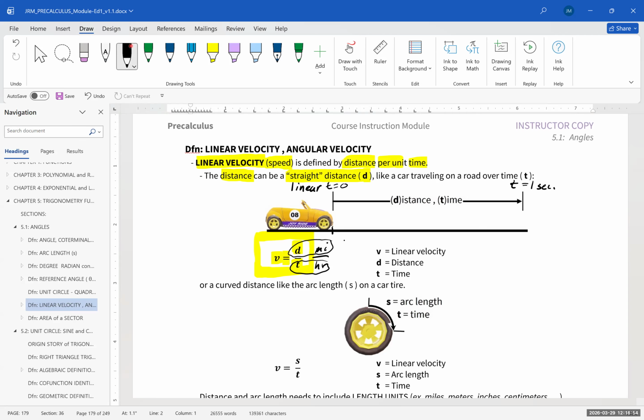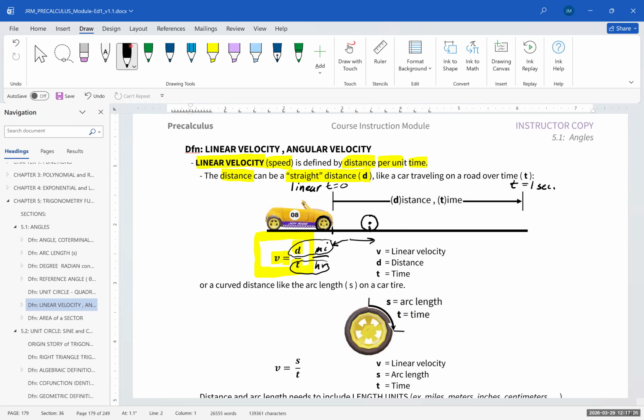But instead of this unit of distance being a linear distance, what if the distance was curved? What if the distance was the distance around the curvature of a wheel? So for example, this car, it's got a wheel here in the front. So let's pretend we had the wheel of that car, and let's mark two places.